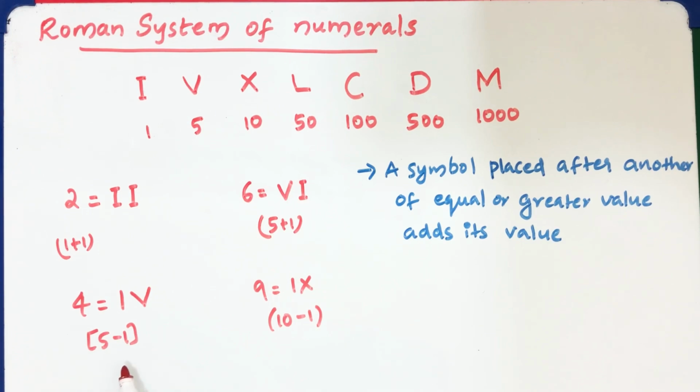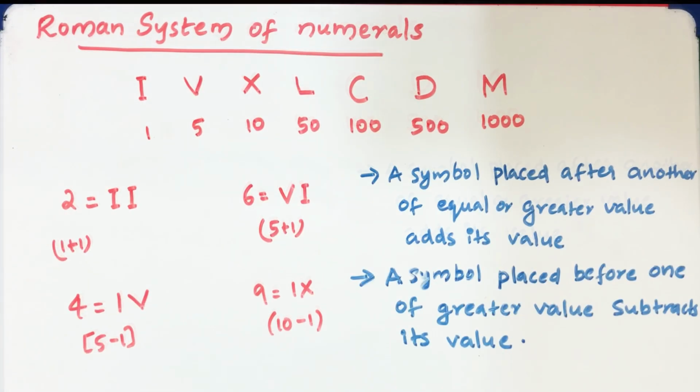Here to subtract, we placed the value before the value or at the left of the value. So the second rule is, a symbol placed before one of greater value subtracts its value. Here 5 is greater than 1 and 10 is greater than 1. So before the greater value, we can place the smaller value to subtract the number. So the second rule we can write.